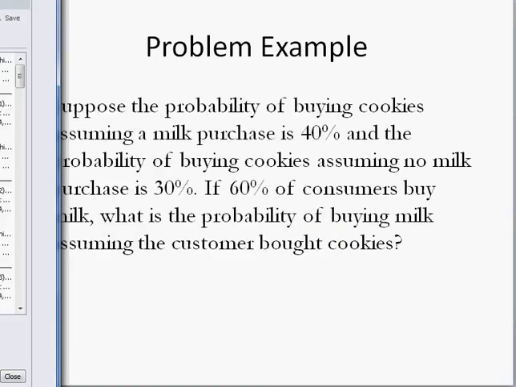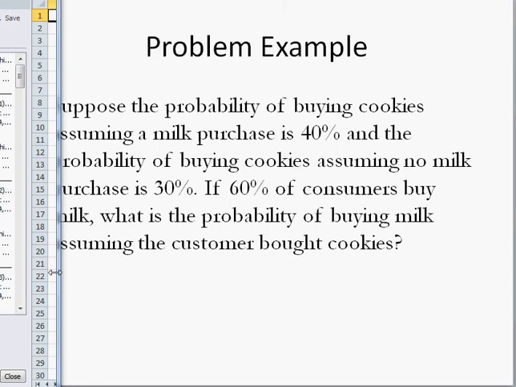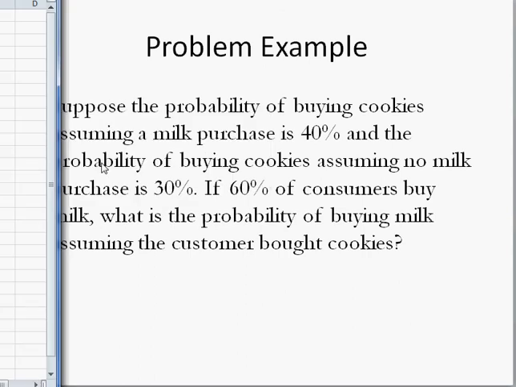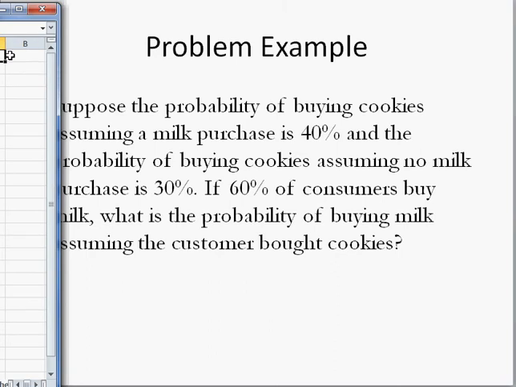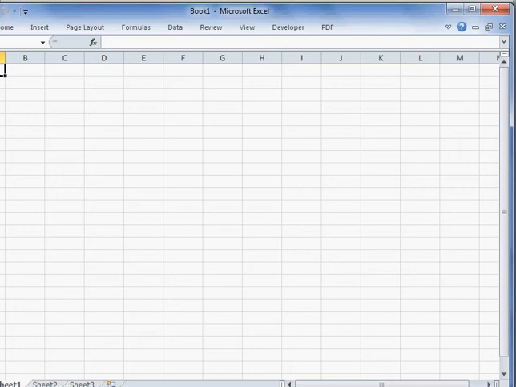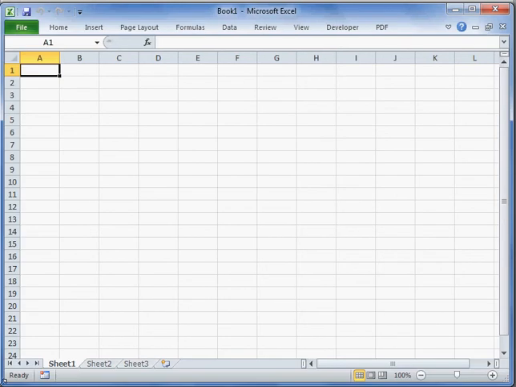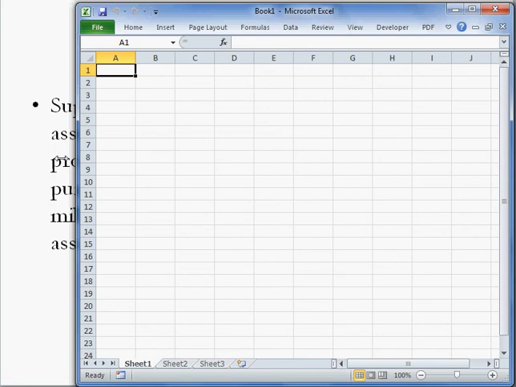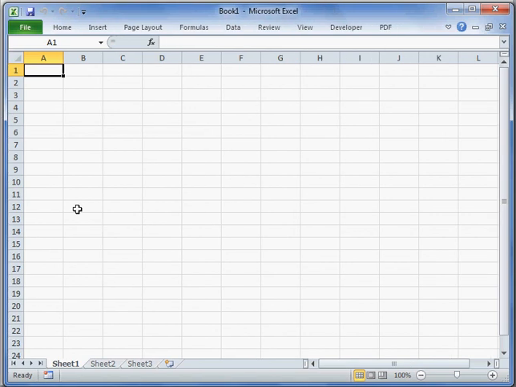Now the contingency tables we created in the past have always been given a particular number of events. But in this case, we can't do that because we don't know how many events. So what we're going to do instead is assume that these probabilities were calculated on a sample of 1,000.